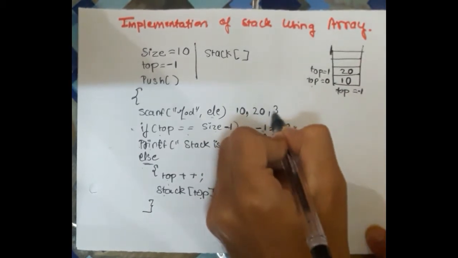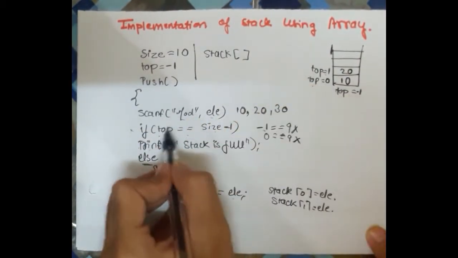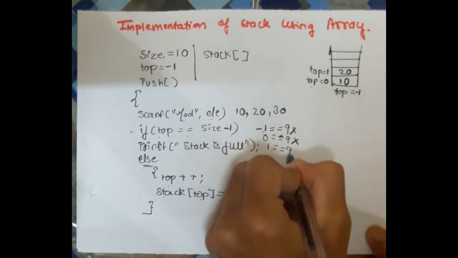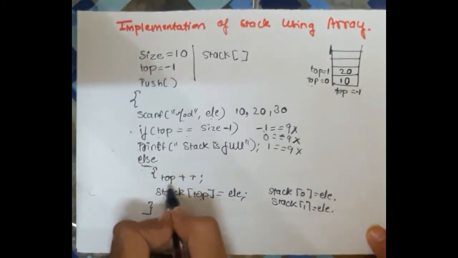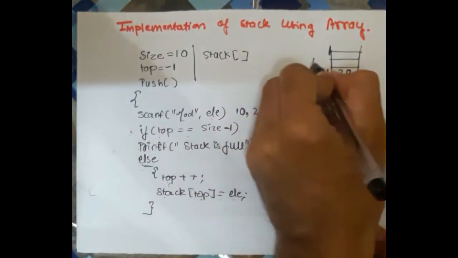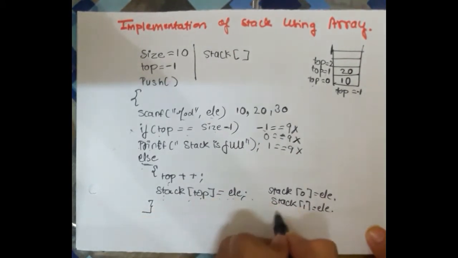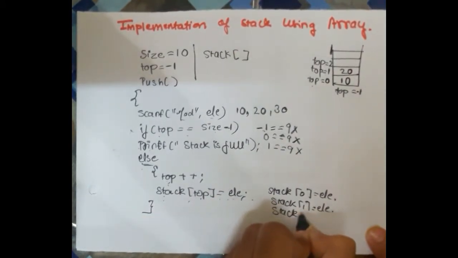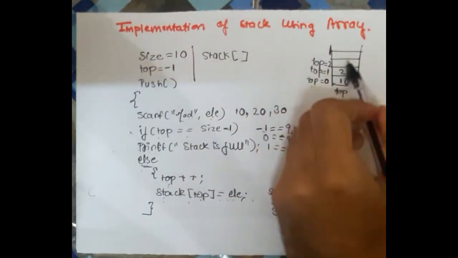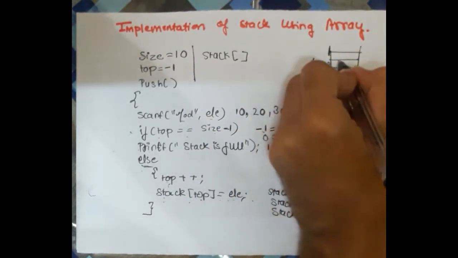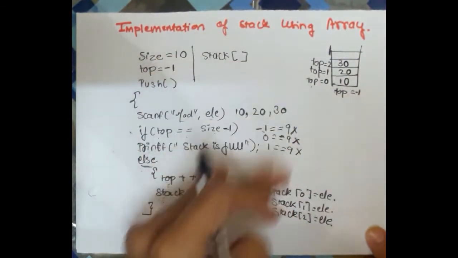Now 30. Now top is at 1. Is 1 equal to 9? No, the condition is false. So again it will come into the else part. Top plus plus. Now top will be at 2. And stack of 2 equals element. Now at this position 30 will be inserted. So in this way the push operation will take place.